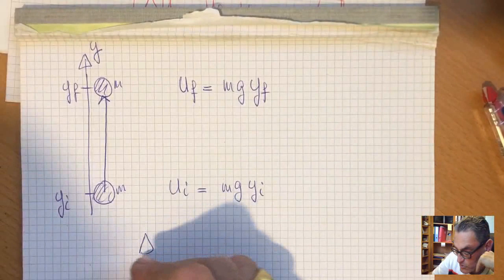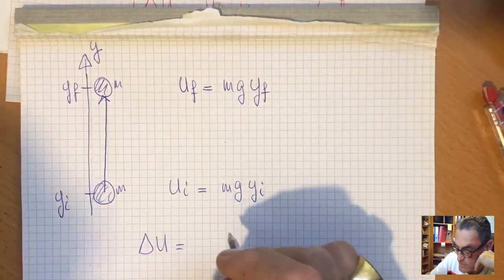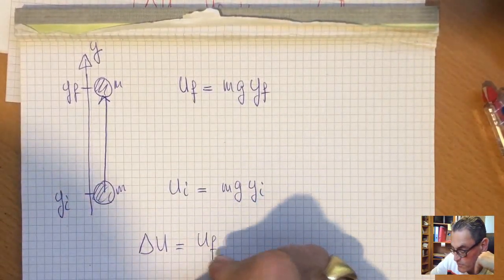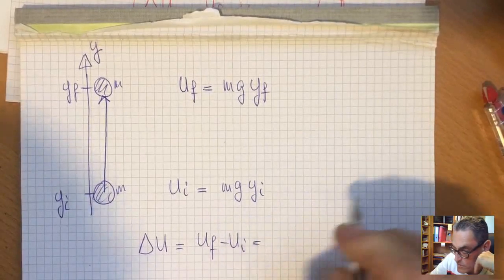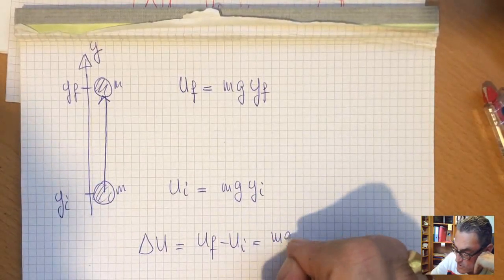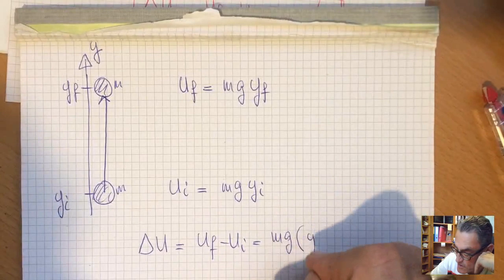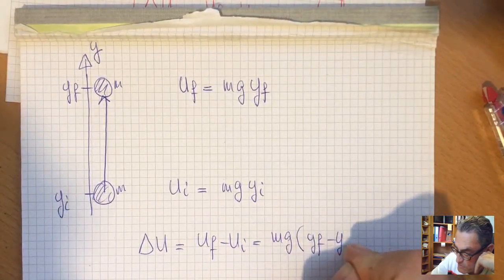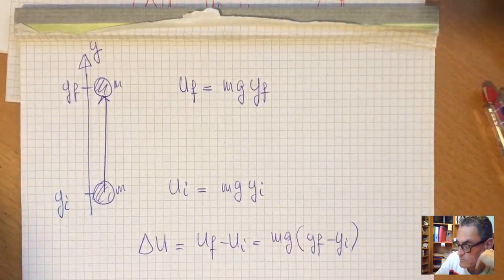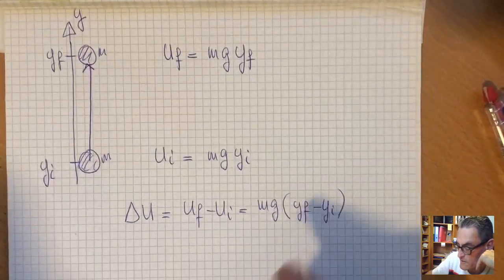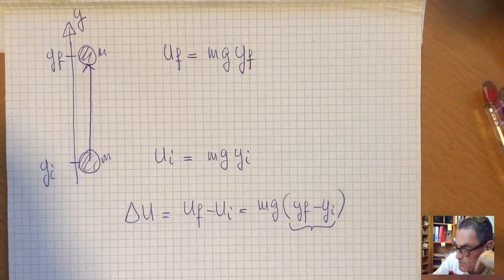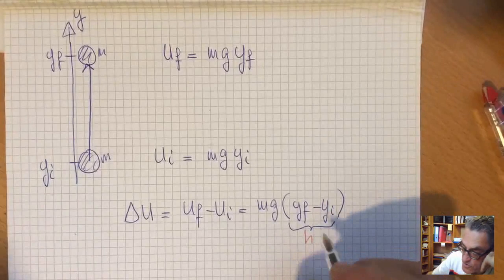Okay, and so the delta U is the U final minus the U initial, and now you can compute that. This is going to give you mg times y final minus y initial. Okay, and this quantity here we just call it h.